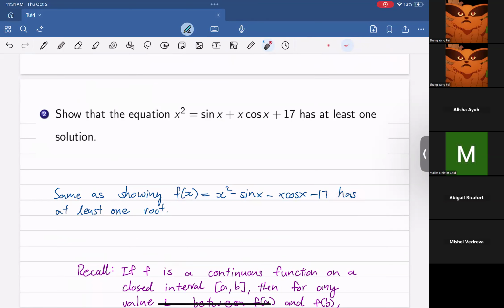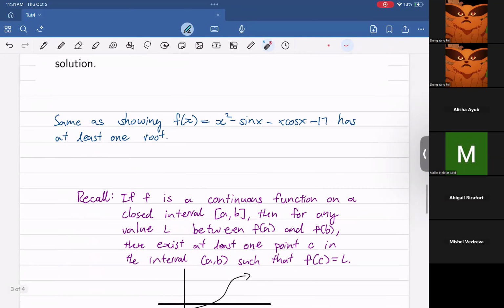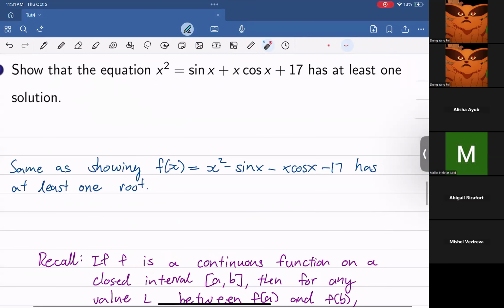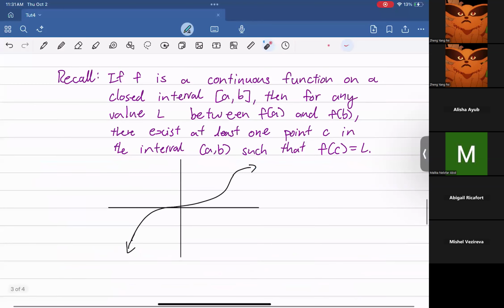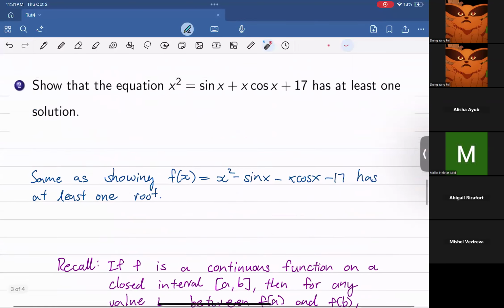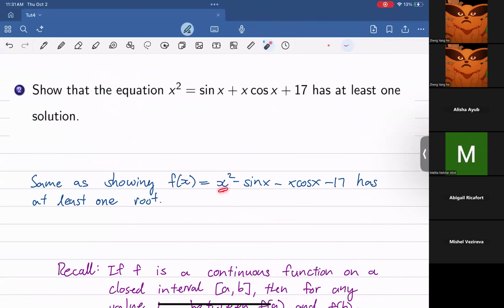So this is an equivalence, and the reason I'm defining it as a function is because I want to use the following theorem. This is the intermediate value theorem, which says that if f is a continuous function on a closed interval, and you can check that x squared, sine x, x times cos x, and negative 17 are basically all continuous functions.